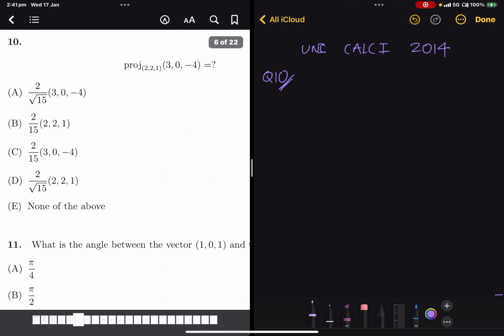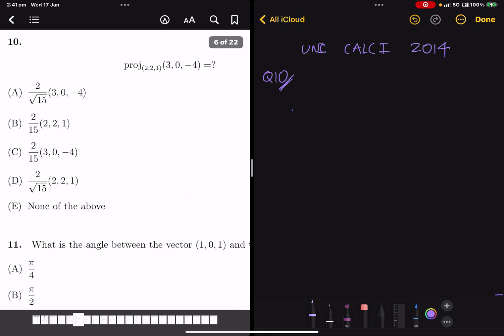So we need to first identify the definition of a projection vector. Right, so we have a formula for projections. We're going to have to use that here. You will have encountered it at some point if you are taking a calculus course where you are being tested on projection vectors.